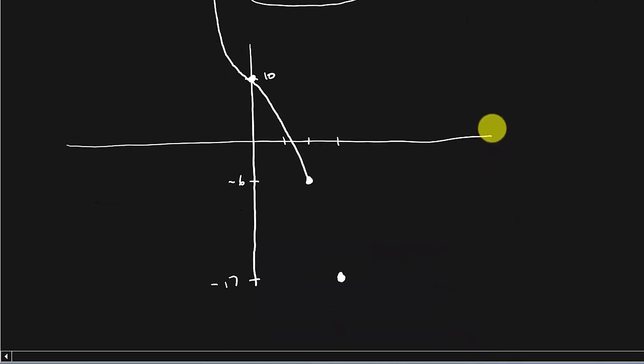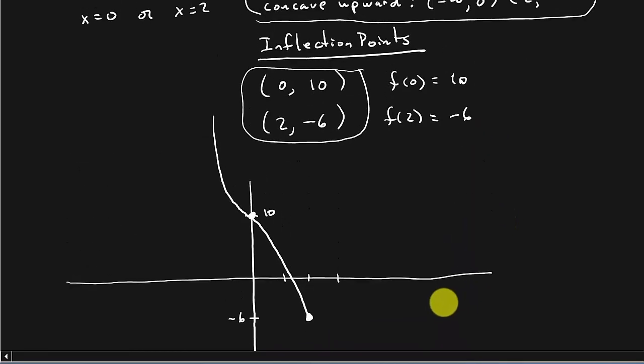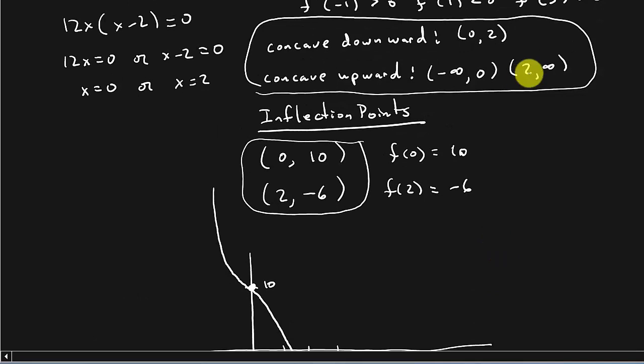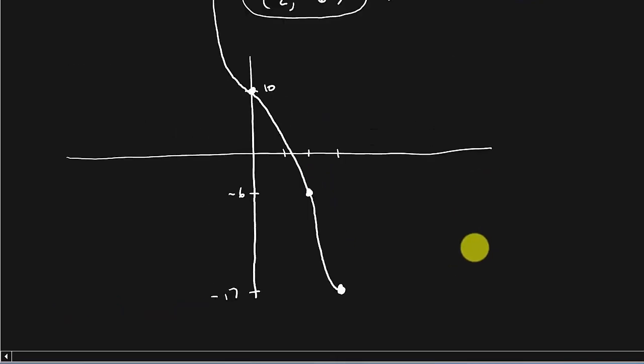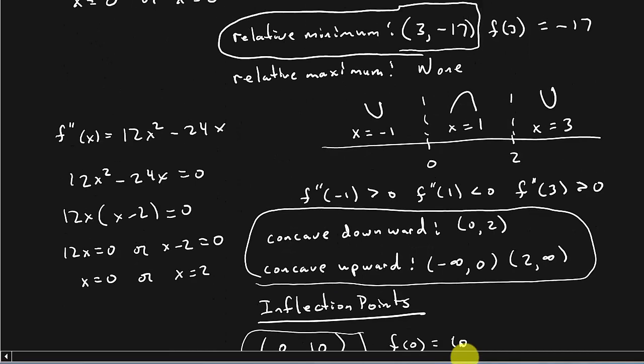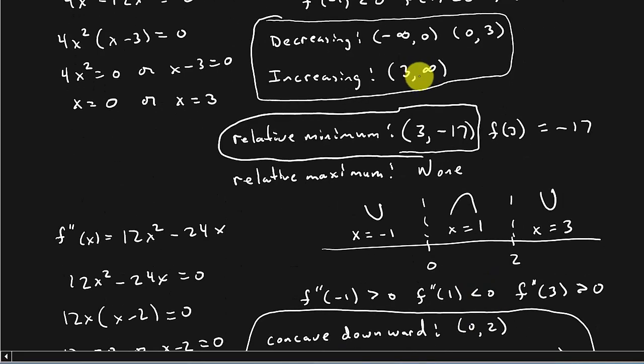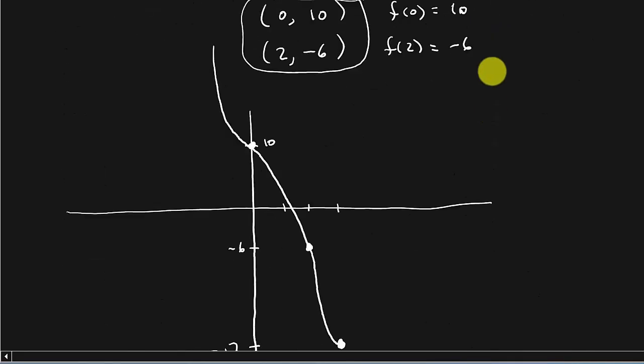And then from 2 to infinity, it's concave upward. So it's coming down like this. And when it gets here, at x equal 3, it starts increasing again.